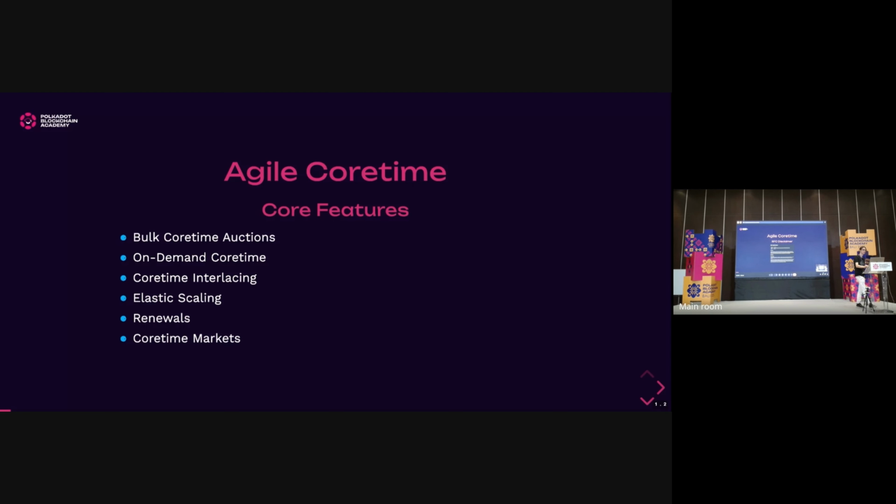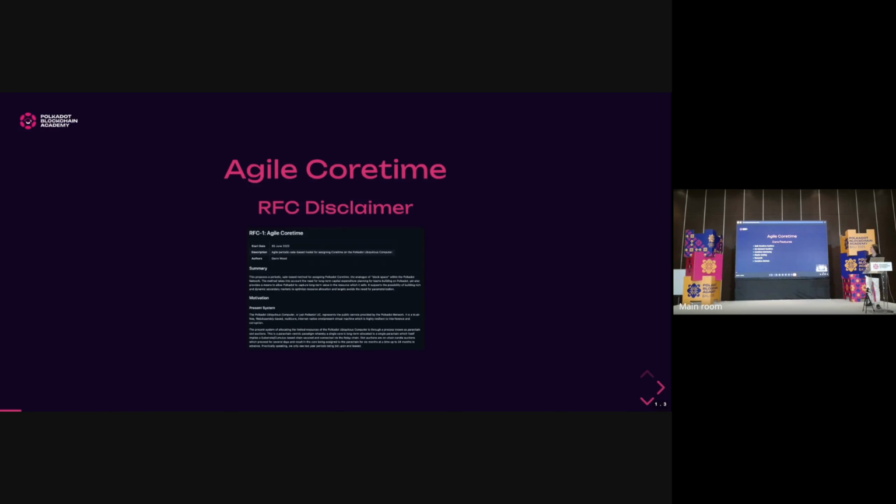But there will also be things to get more flexible core time, like on demand. And we'll be looking into the core time marketplace where you can exchange it, and different ways of renewing your core time. All of those are essentially methods of accessing execution cores, leasing them, exchanging them, and making them as flexible as possible.